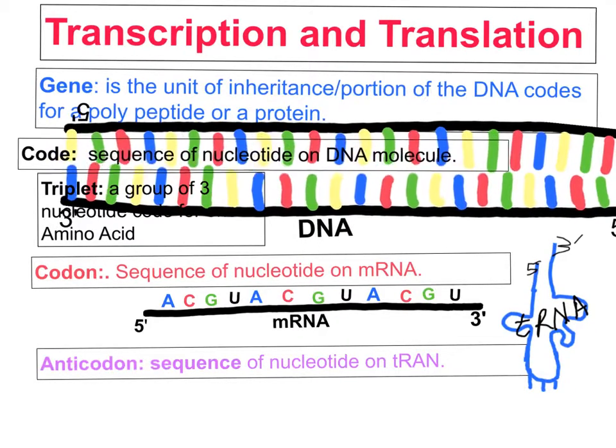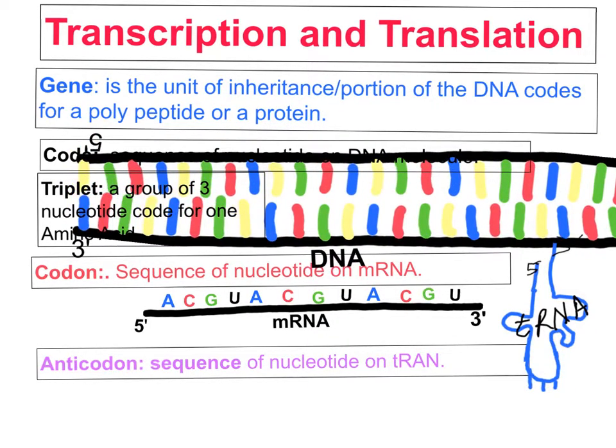And these nucleotides are arranged in a group of 3, which is called a triplet, and one triplet is a code for one amino acid. So in this way, many triplets will be joining together to make one gene, which is a code for one specific protein or one polypeptide chain.